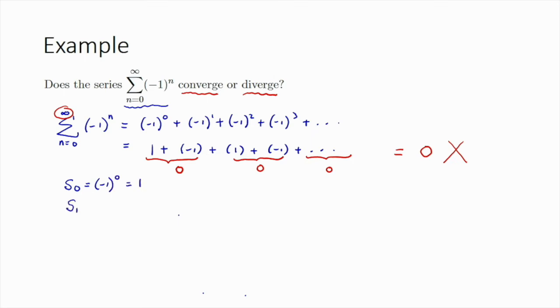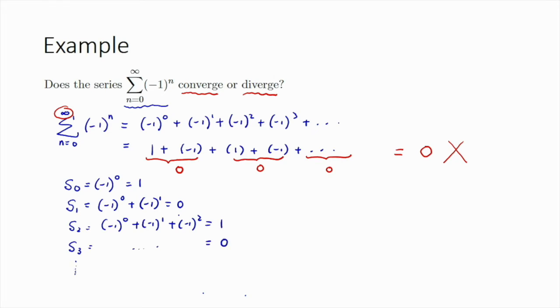The first partial sum is equal to minus 1 to the power of 0 plus minus 1 to the power of 1, which is equal to 0. The second partial sum is minus 1 to the power of 0 plus minus 1 to the power of 1 plus minus 1 to the power of 2, which is back to 1. And the third partial sum you can work out yourself is equal to 0.